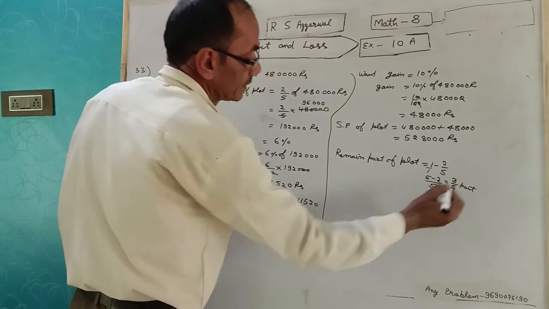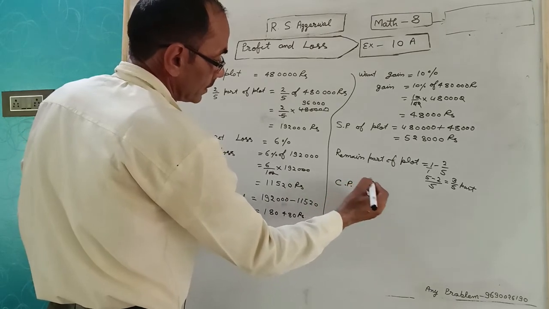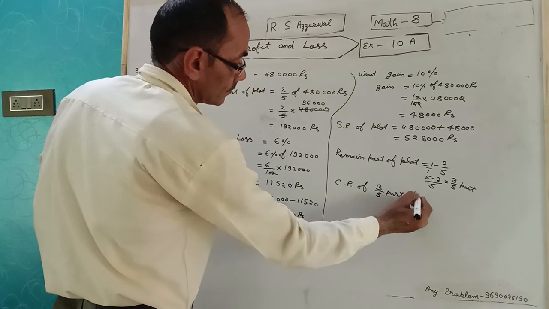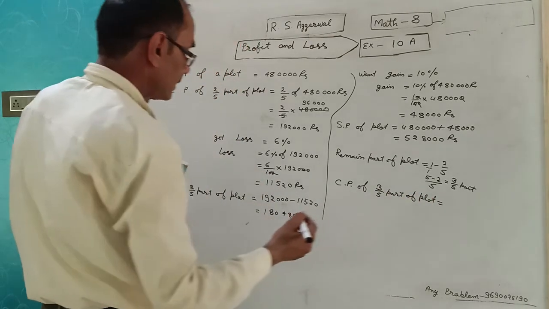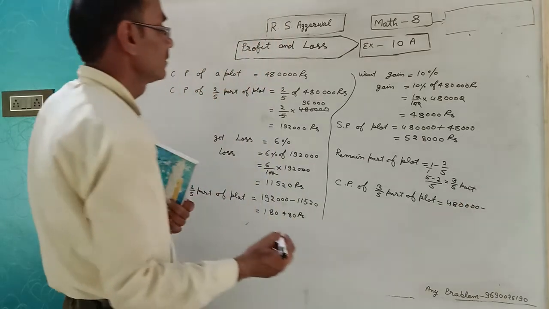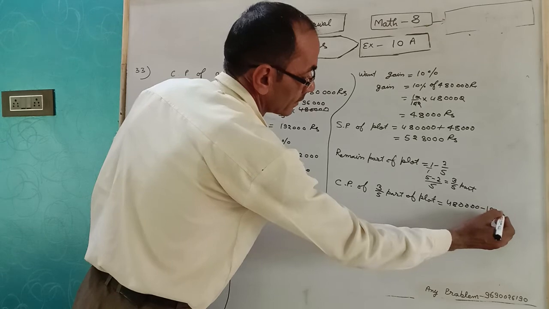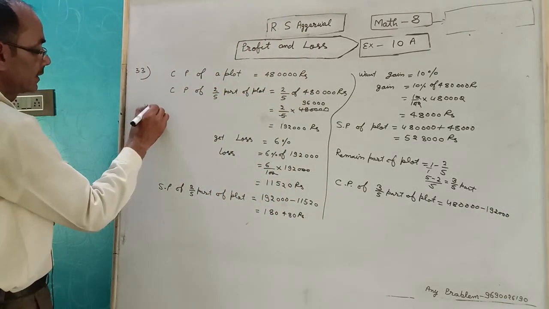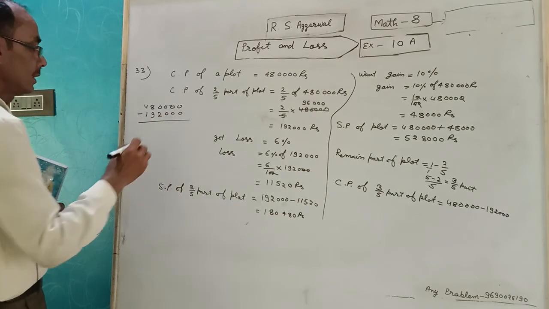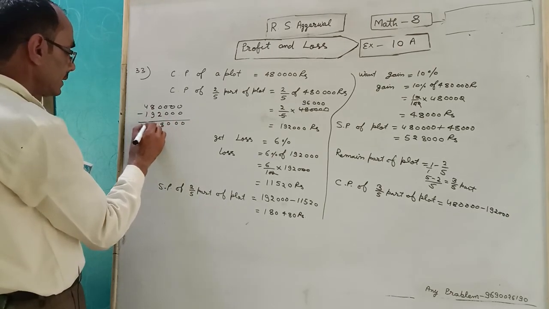So the remaining part is 3 upon 5 of the plot. The CP of the 3 upon 5 part is equal to the total CP 4,80,000 minus the 1,92,000 of the 2 upon 5 part he has already sold.